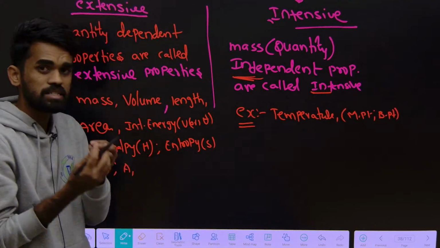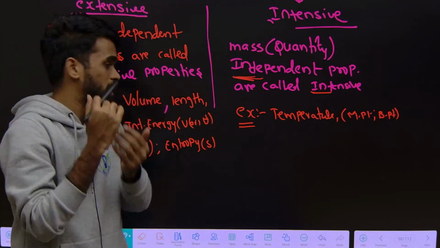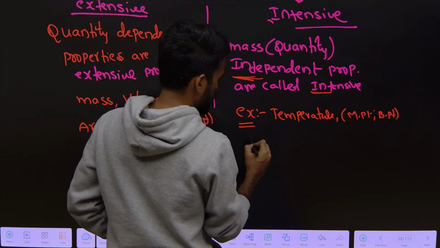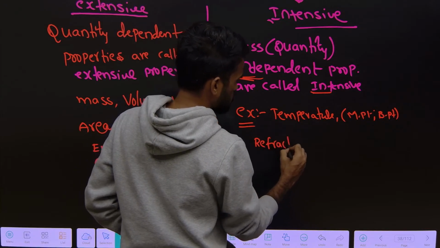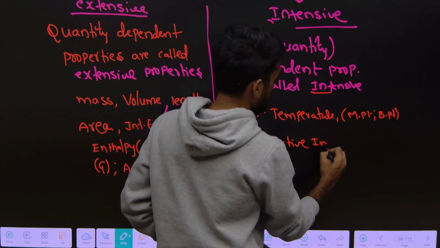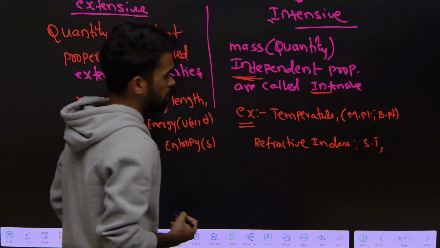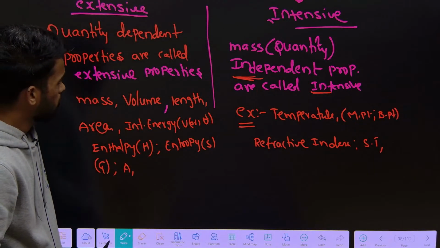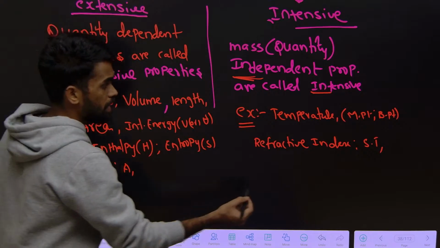Surface tension will be some specific value for a particular material. I can also write refractive index, which we will be studying in physics. So refractive index, surface tension, and then next, what comes here?